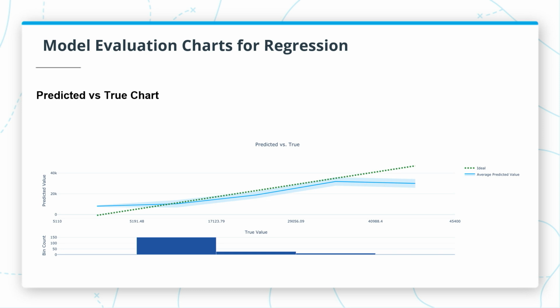And your regressor is represented in this particular case by the blue line, and you can immediately see how easy it is to spot potential problems with your own regressor. And finally, in the bottom part of the predicted versus true chart, what you typically see is a histogram of how your true values are distributed in your prediction results.